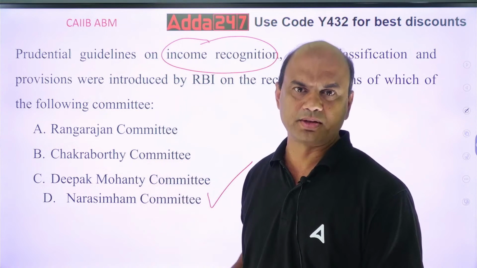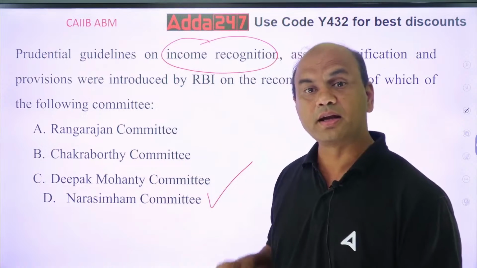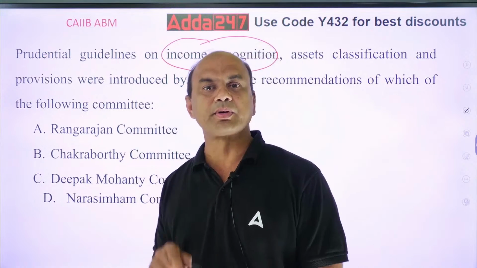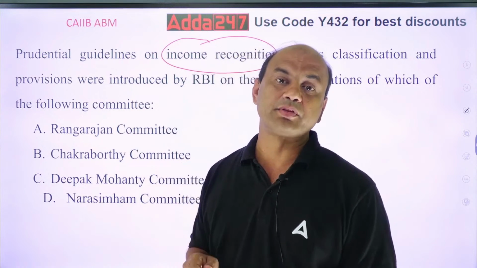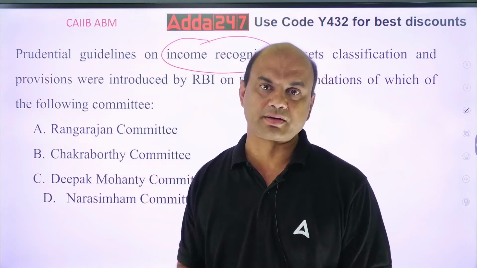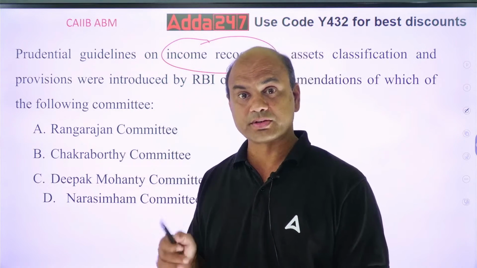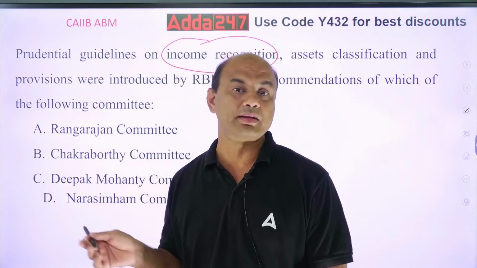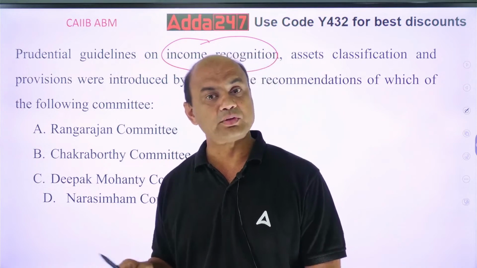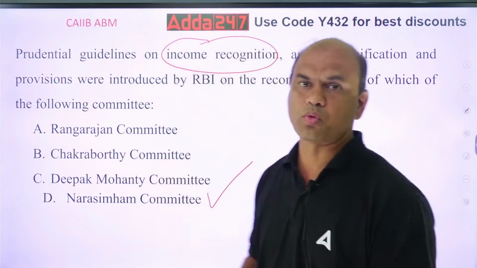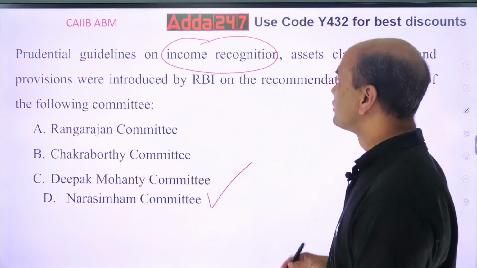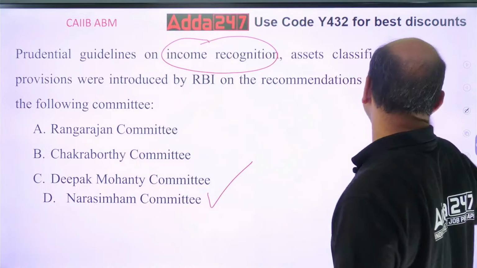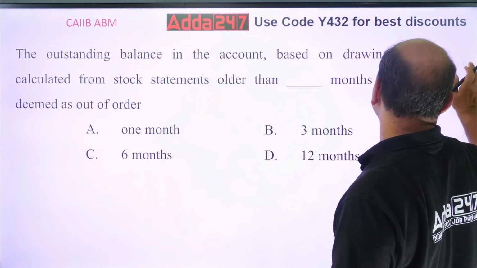Then in 1998, again a Narsimham committee was set up and it gave freedom to the insurance sector. Major changes in the insurance sector were made in 1998, given by the Narsimham committee too. So all these guidelines were brought because of this Narsimham committee.